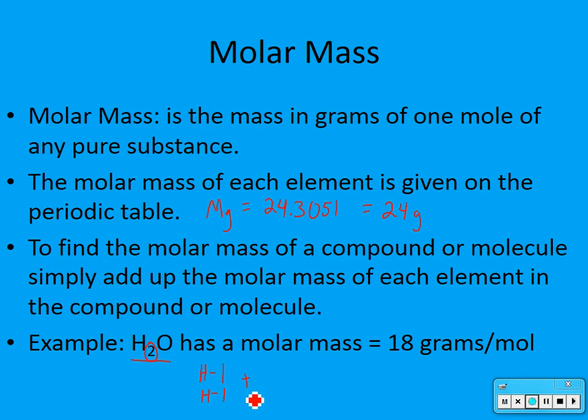And then I'm going to add that to 1 oxygen. Oxygen on the periodic table is 16. So 1 plus 1 is 2, plus 16 is 18 grams. And that's how they got the molar mass of 18 grams. And that's 18 grams in 1 mole of water. So if you had 1 mole of water, it would have the mass of 18 grams.